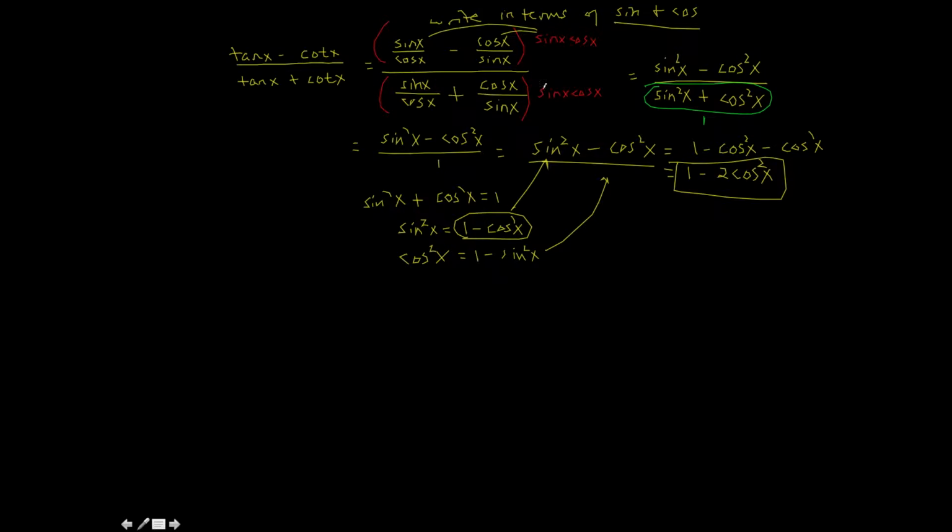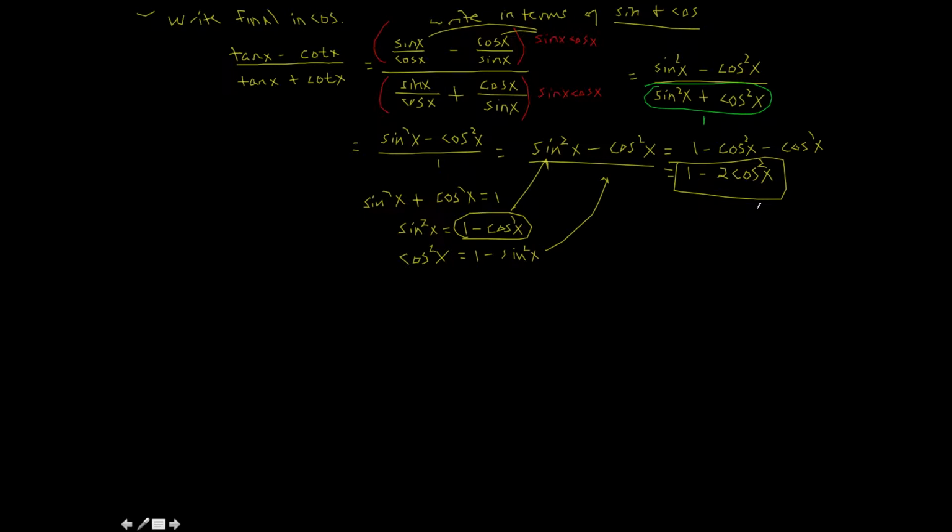Well, so let's suppose on this problem, the direction said, write final answer in cosine. Let's suppose it said that. It had that little attachment on it. Okay? Then we're going to get the answer we have here because it's in terms of cosine.